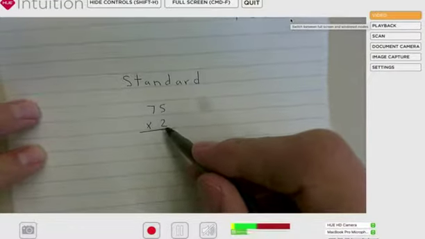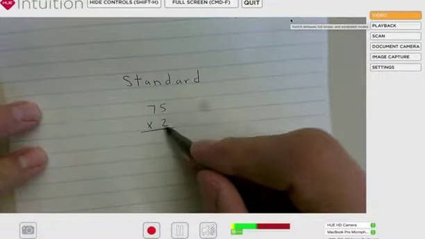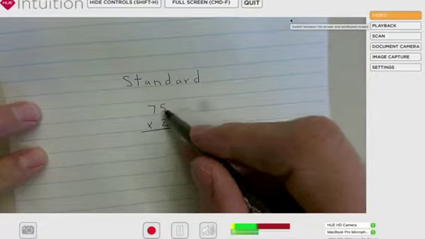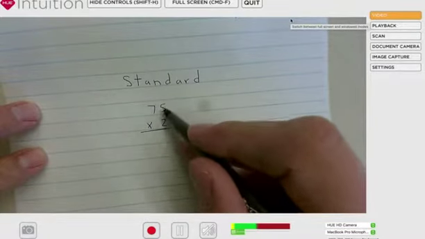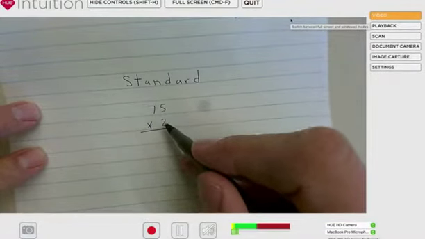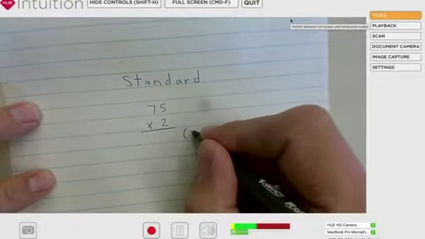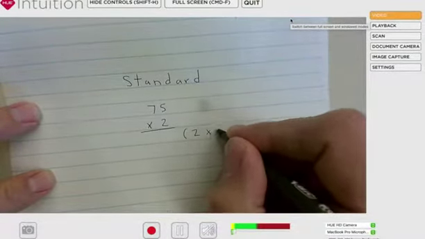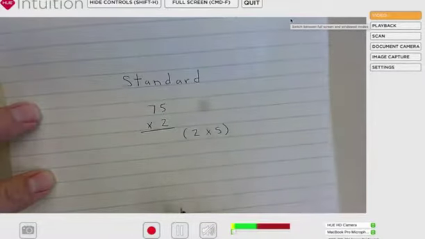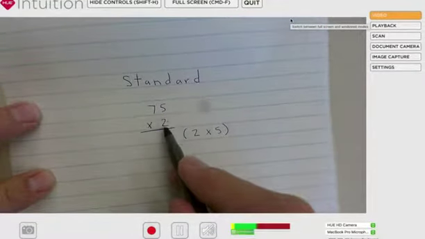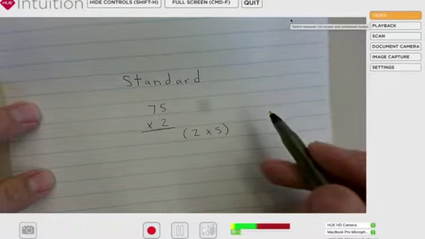We're going to start off, step one is you take this bottom number 2 and you multiply it by the number in the ones place, which is 2 times 5. And in fact, over here in the parentheses, we're going to write 2 times 5. Okay, so 2 times 5 is step 1.